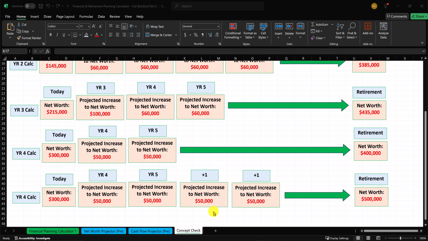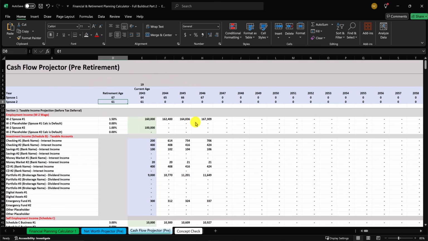But now I'm going to tack on 2 more years at $50,000 increases, resulting in a revised net worth at retirement 2 years later at $500,000, which should work better with my retirement plans and goals and what the net worth and cash flow projectors are showing on a post-retirement basis, which we will get to in a future video, the amount of money that I'm going to need in retirement and so forth. Let's just assume in this fact pattern that this works better for us than this up here. And so that's what we've accomplished by doing this.